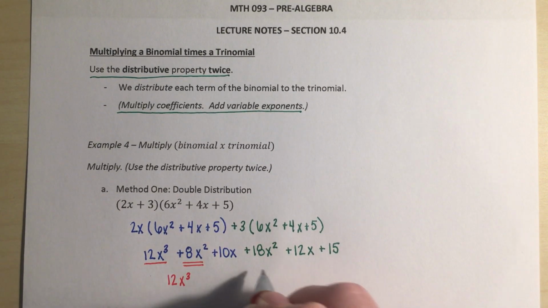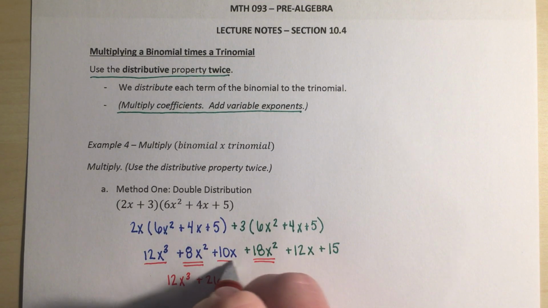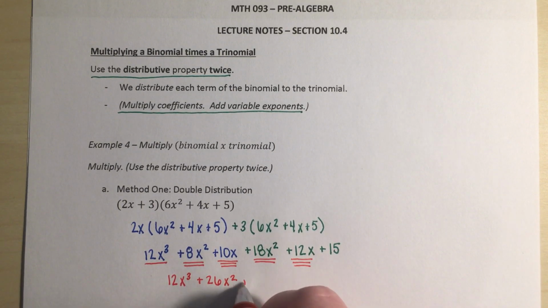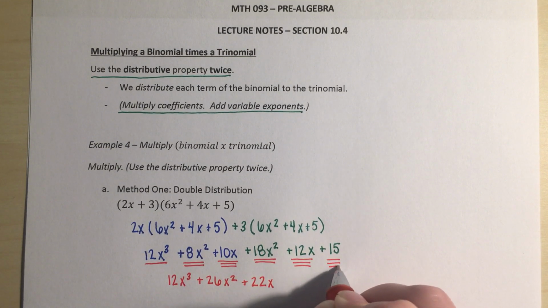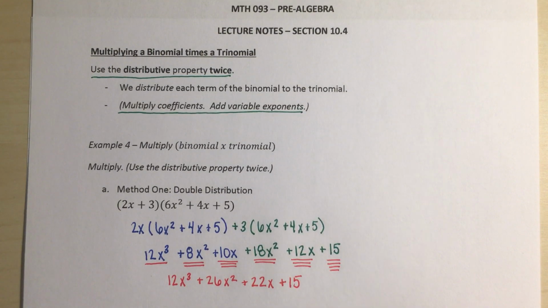Then we have a couple of x squared terms. 8x squared plus 18x squared is going to give us 26x squared. 10x plus 12x is going to give us 22x. And then our constant term, coming in as our last term, is plus 15.